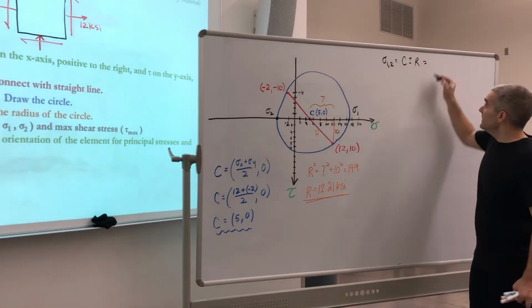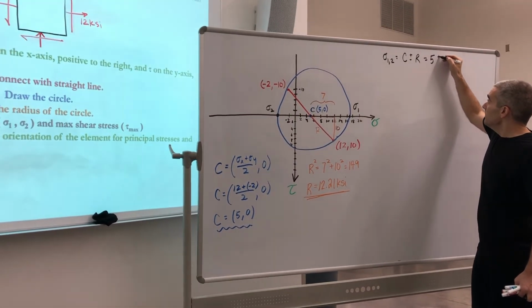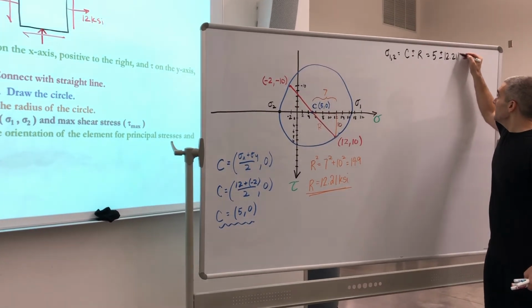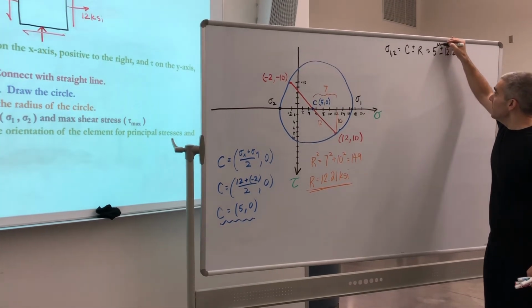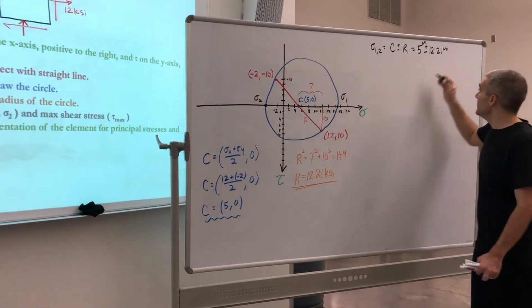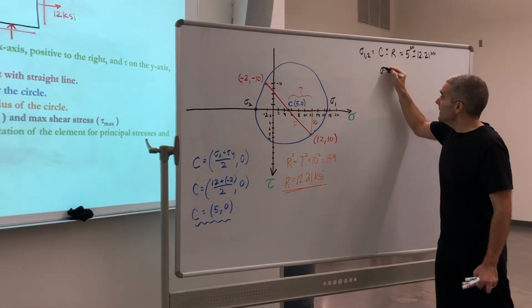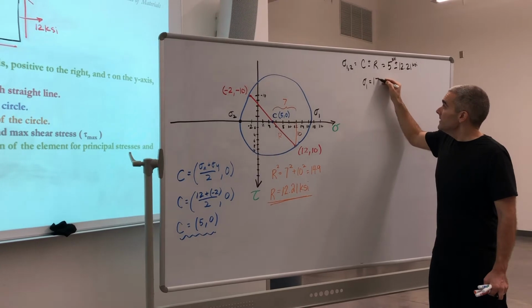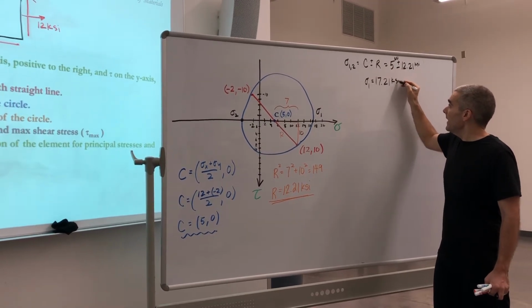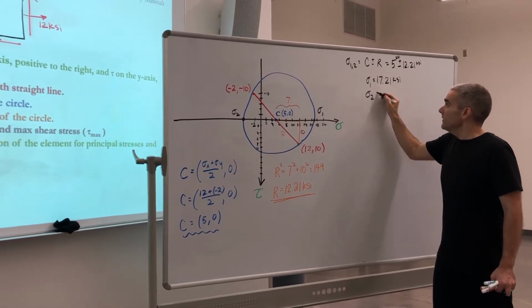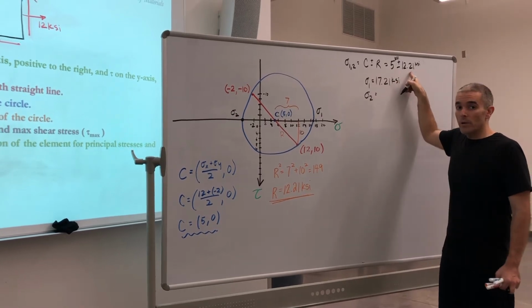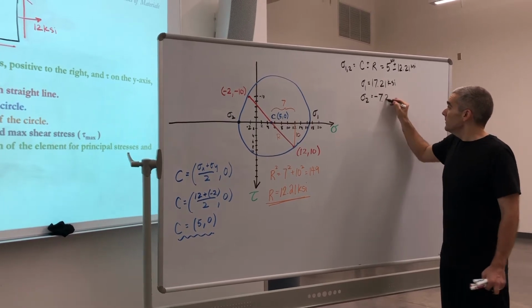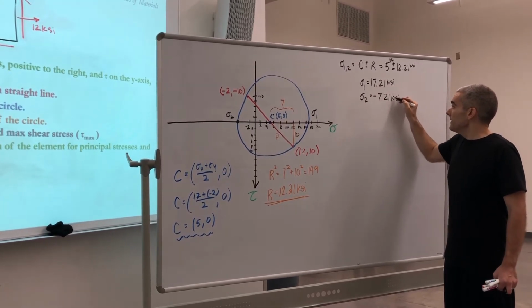So in this case, that's 5 plus or minus 12.21 KSI. This is in KSI as well, because they're all in terms of stress. So sigma 1 is 5 plus 12.21, 17.21 KSI. Sigma 2, 5 minus 12.21, gives me a negative 7.21 KSI.